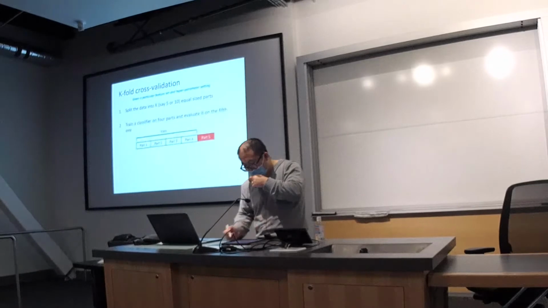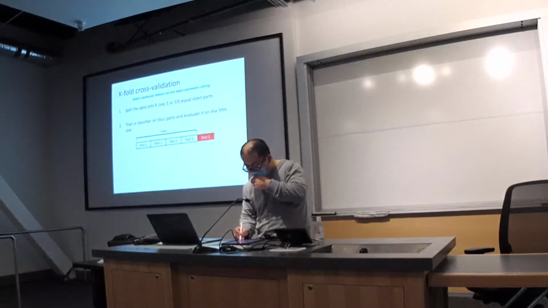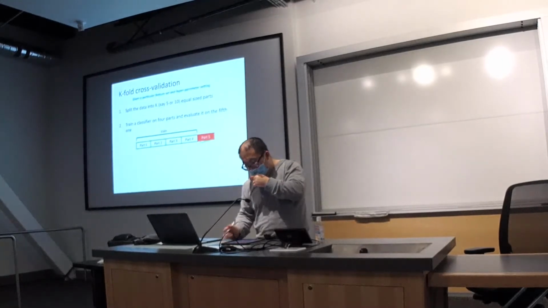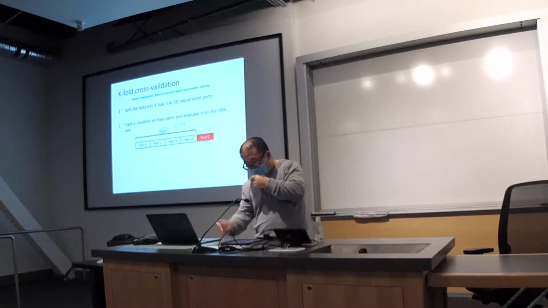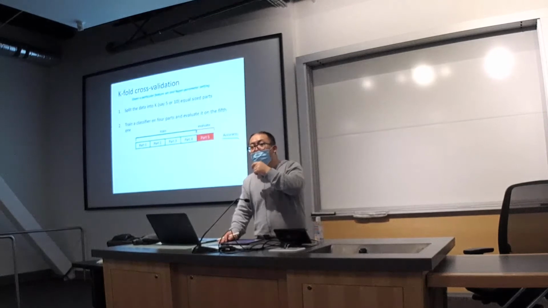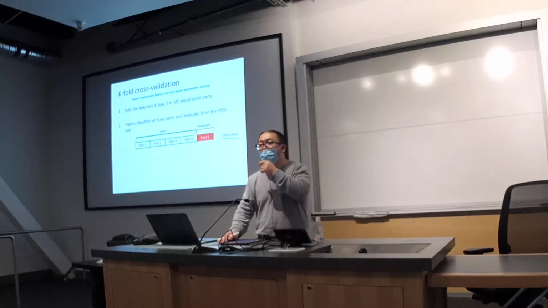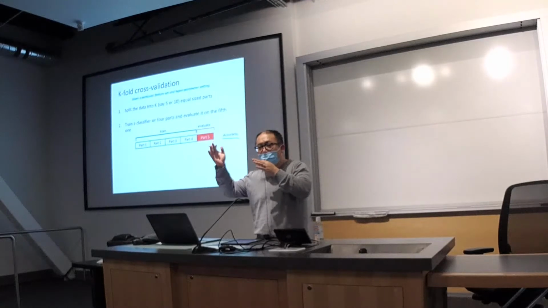So for example, if we first use part 5 as our validation set, then we use the first 4 parts as our training set. Then we train our SVM with our C value, say C equals 0.1. After training, we test the performance on the validation set, part 5. We get one accuracy measurement, which we denote by accuracy 5. This is not sufficient because this is just one split of training and test set, and the result may not be representative.